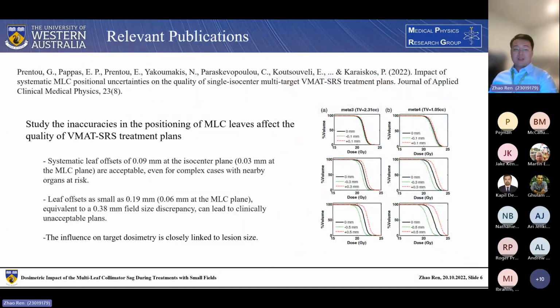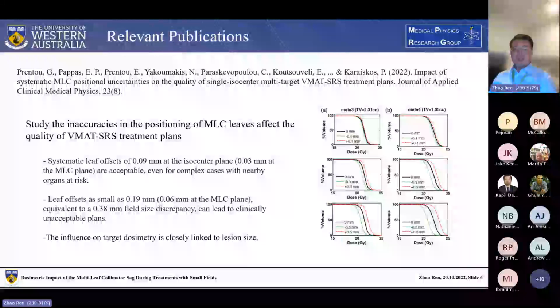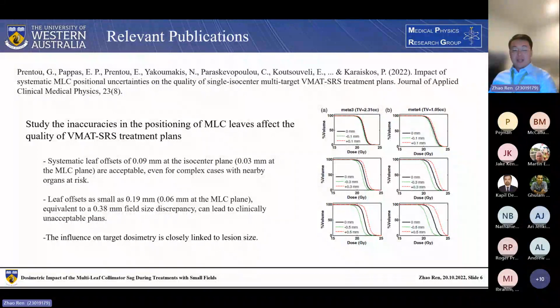Also, another study by Pinto et al. They studied how inaccuracies in the positioning of MLC leaves affect the quality of VMAT and SRS treatment plans. They found a systematic leaf offset of about 0.09 millimeter at the isocenter plane, which is 0.03 millimeter at the MLC plane, is acceptable even for complex cases with nearby organs at risk.